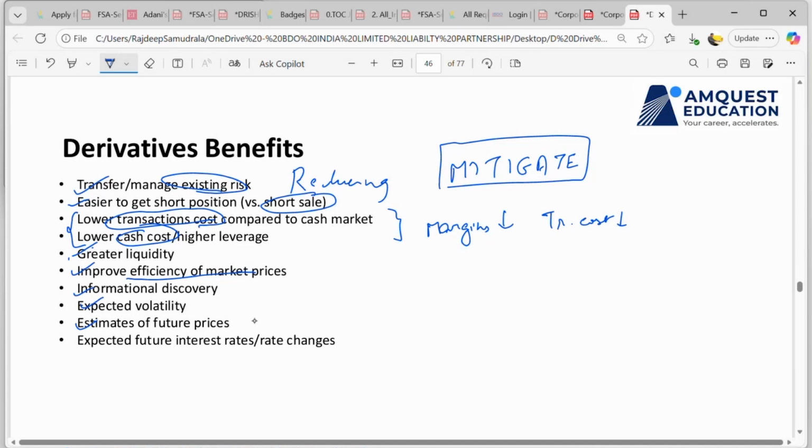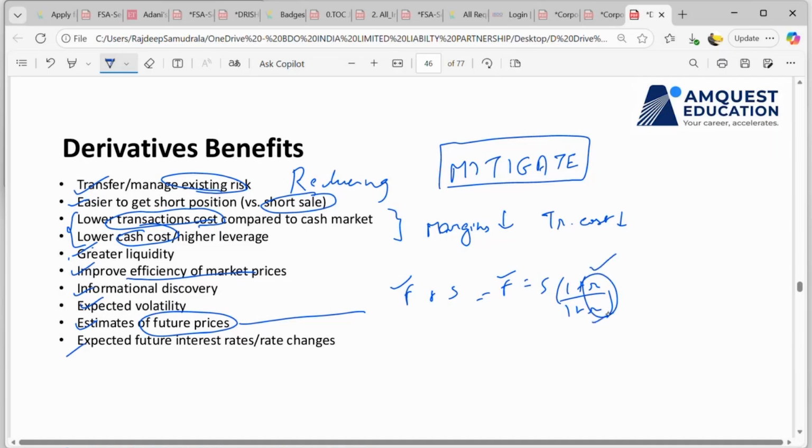Like we saw yesterday when we did forwards and spots, right? And we said forward is equal to spot into (1 plus R) upon (1 plus R). We are able to estimate the future prices of various commodities and goods by using derivatives. Clear? And expected future interest rate, same concept.